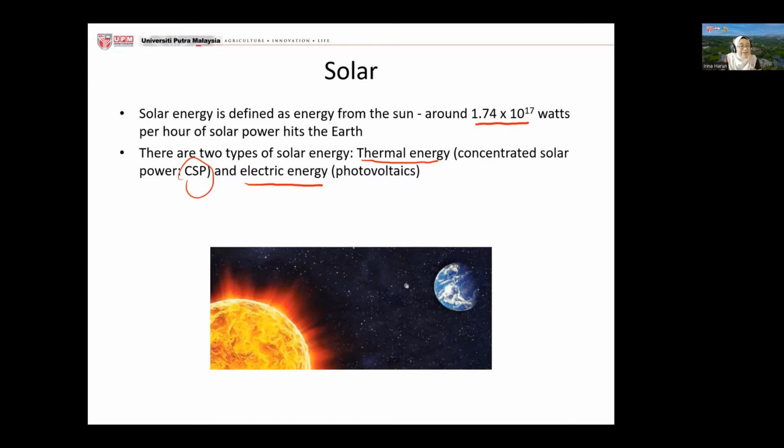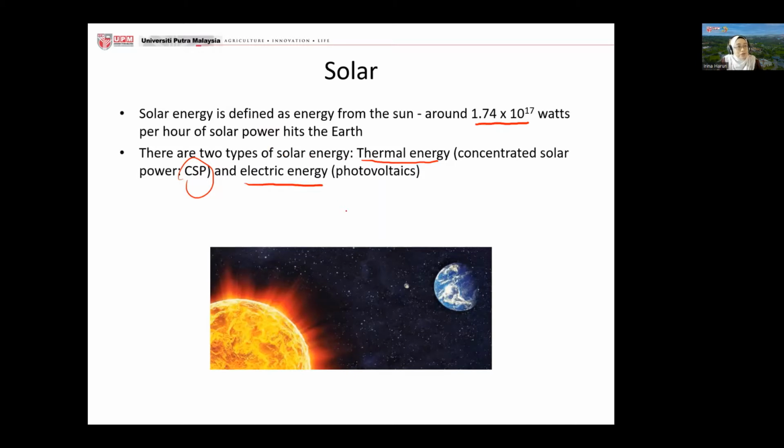Let's refresh: what is the difference between thermal energy and electric energy? If you think about the solar cell, the one being put on rooftops, for example, or in very large areas where they put up the solar cells, that is photovoltaics.